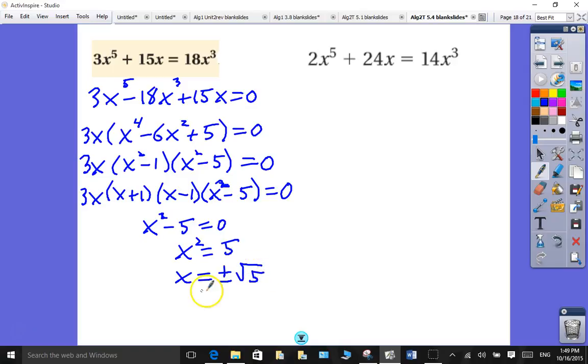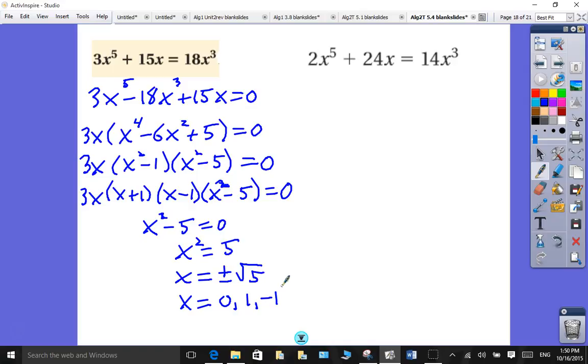Okay, and then we also had the solutions from the other factors, 0, 1, and negative 1. So how many solutions did we get? 5, right? 1, 2, 3, 4, 5, which, because we started with a 5th degree polynomial, we would expect 5 answers. Now, that doesn't necessarily mean they have to all be real numbers.